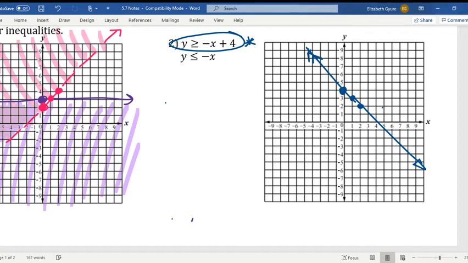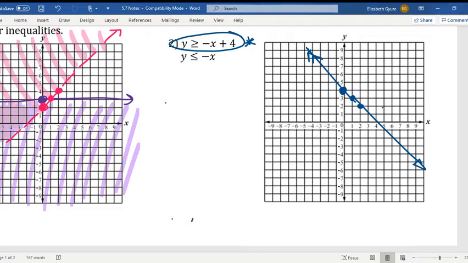All right, so here is my solid line. Now, refresh my memory. What's this symbol? Is this a greater than symbol or a less than symbol? So is this a greater than or equal to or a less than or equal to? It's a greater than. Very good. I'm trying to make sure we know, because on your test I'm not going to be there telling you what the symbol is.